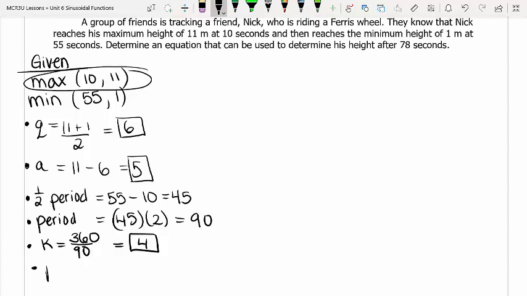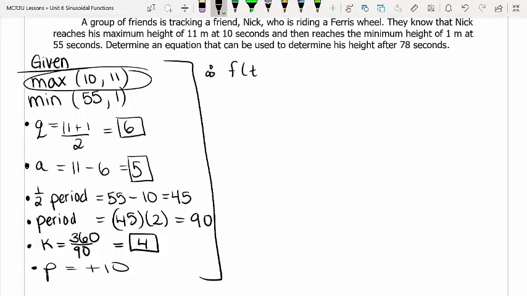So let's do that. Okay, so from all this, we can say that f at t is equal to 5 cos 4 t minus 10 plus 6.